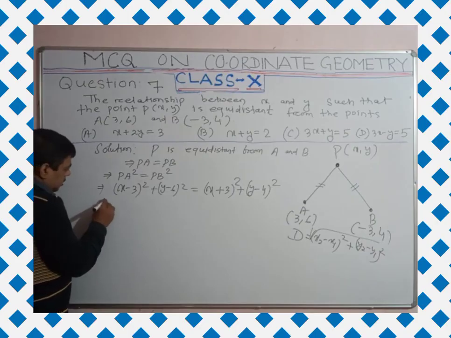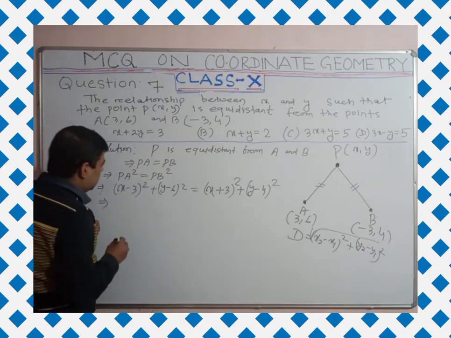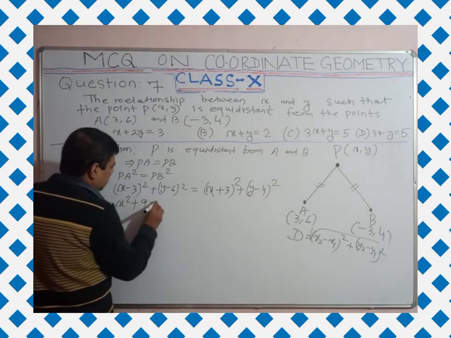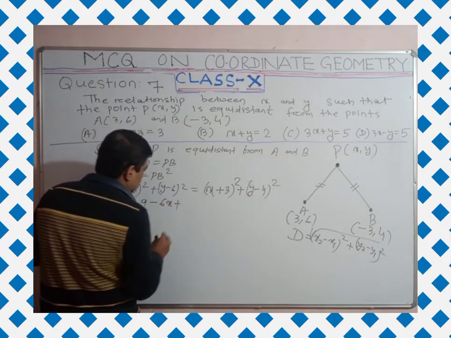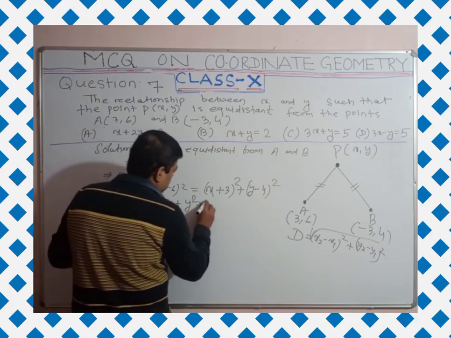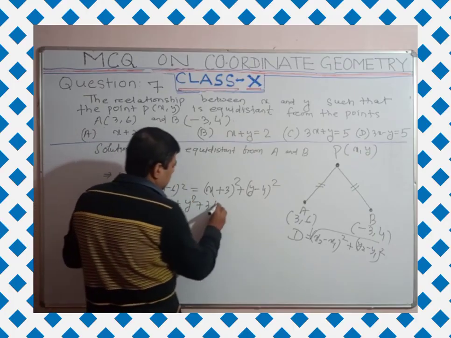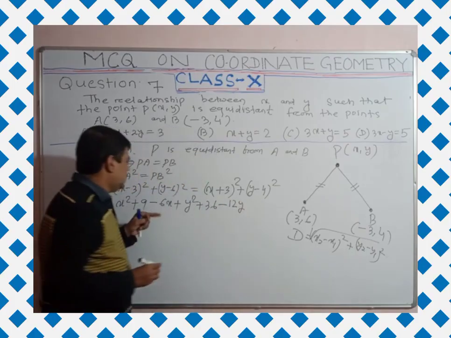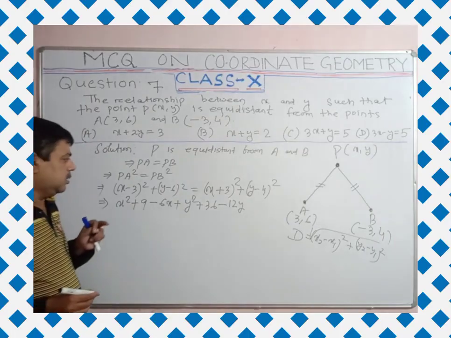Let's see. So (x minus 3) whole square will be x square plus 3 whole square, 9, minus 2 times 3, just 6x. Similarly, y square, yes or no, plus 6 whole square, 36, minus 2 times 6, 12y. Okay, here we are using the identity (a minus b) whole square.